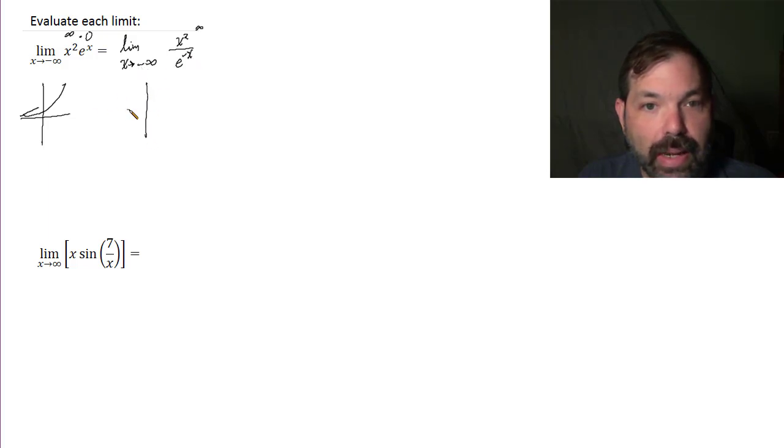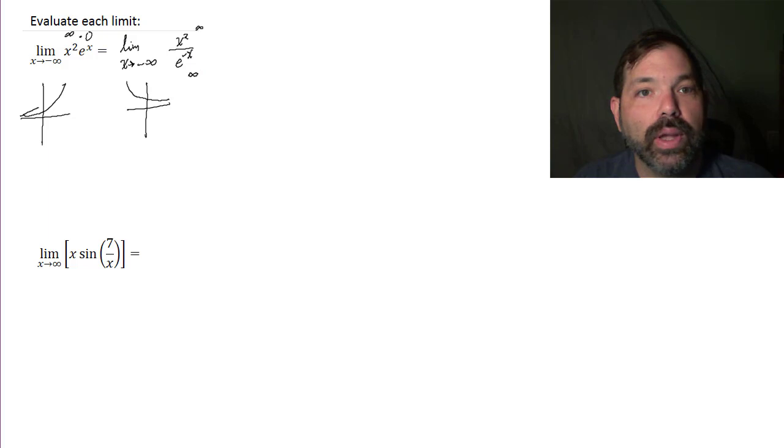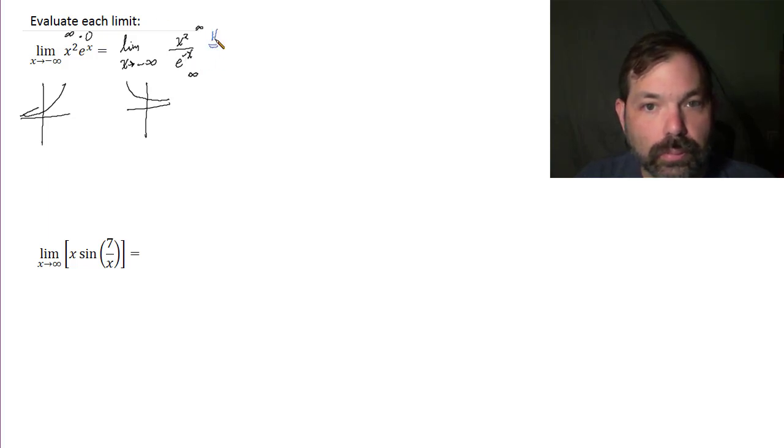Now, e to the negative x looks like this. As x approaches negative infinity, e to the negative x goes to infinity. So this gives me an infinity over infinity, and now I can apply L'Hopital's rule. So this becomes the limit as x approaches negative infinity of 2x over negative e to the negative x.